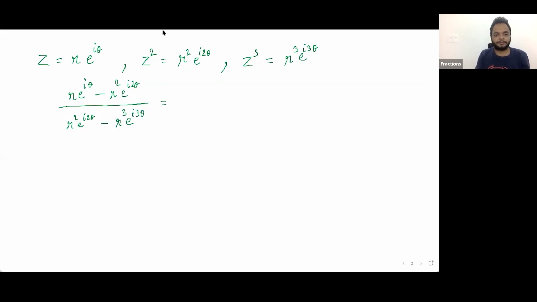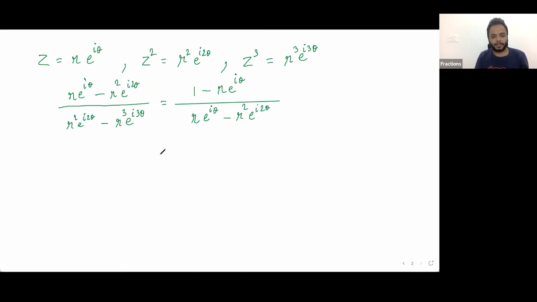So let's cancel out r from the numerator and the denominator, and also e to the power i theta. So we get 1 minus r e to the power i theta divided by r e to the power i theta minus r square e to the power i 2 theta.